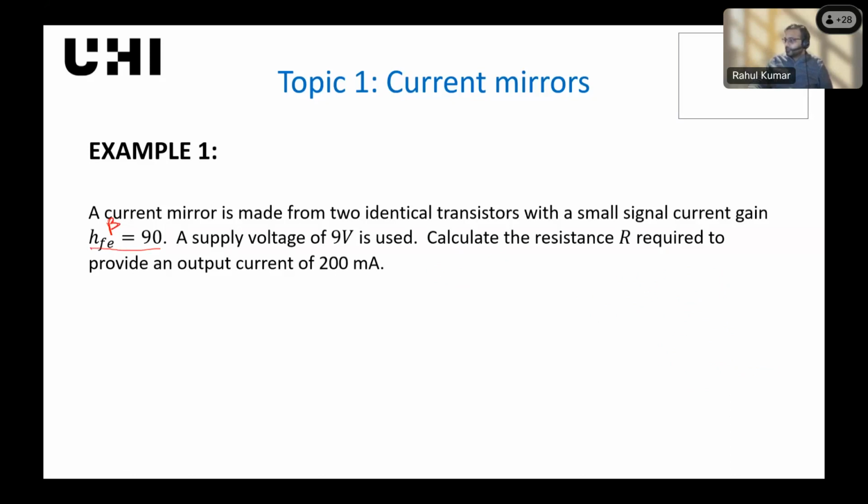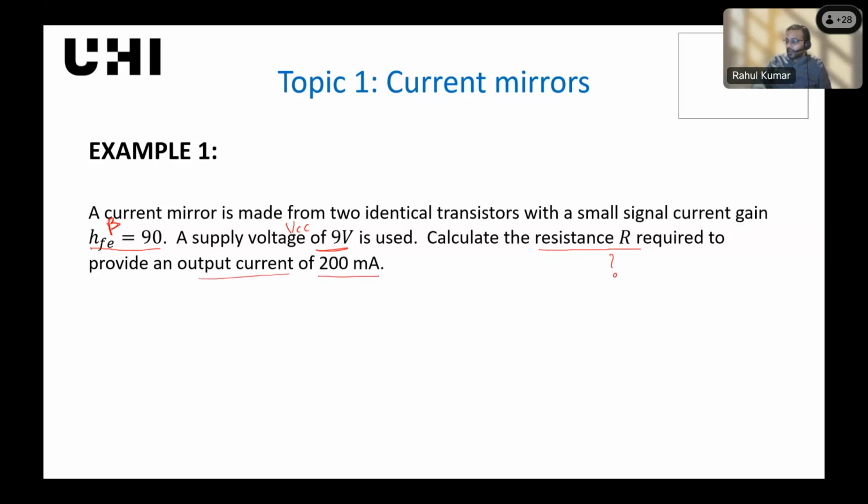Now the supply voltage VCC is given as 9 volts. And we have to calculate the value of resistance R to give an output current of 200 milliamps.